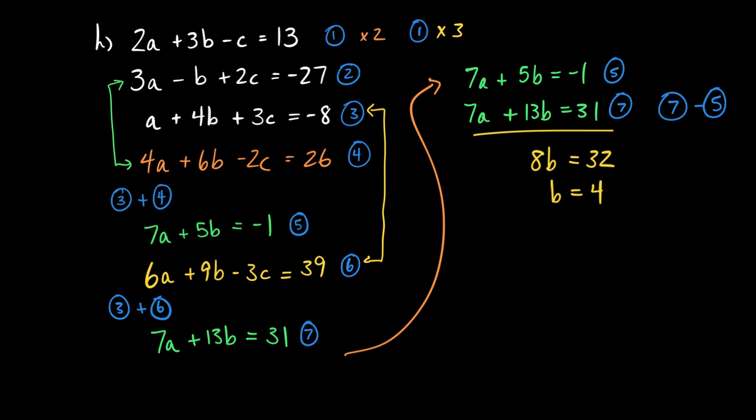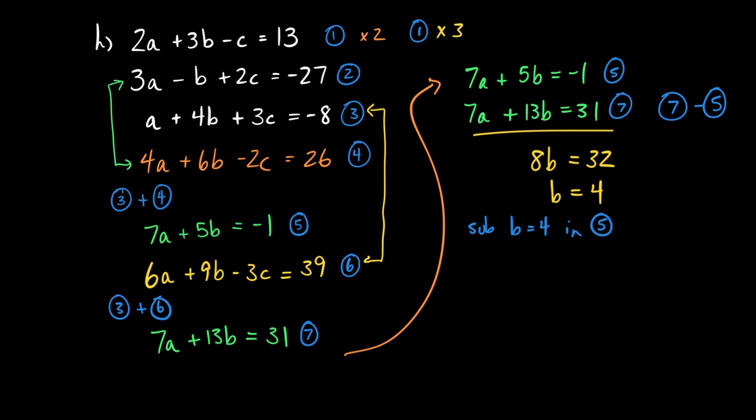And now I get a nice easy equation that I can solve for b. Okay, you've now found b, so we can sub b equals 4 back into one of my originals, which in this case is one of my green equations. I'm going to sub that back into 5 because equation 5 has the smaller numbers.